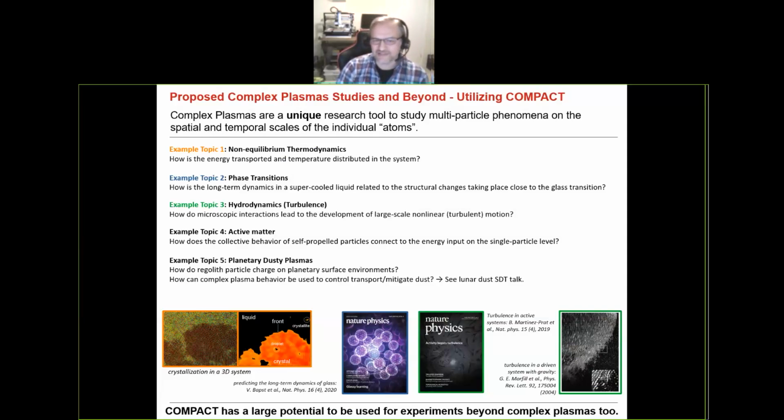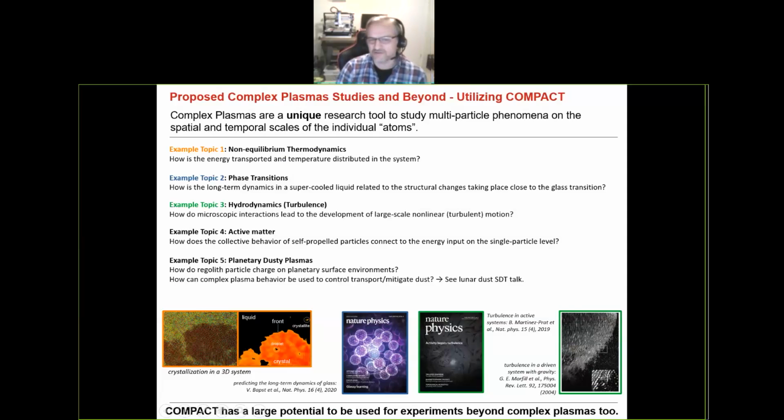The second topic is phase transitions. You can study phase transitions of any kind down to the individual particle level. The standard one, already studied to a good extent, is the liquid-solid phase transition, with homogeneous or heterogeneous nucleation, and then growing from there until the whole system is crystalline.